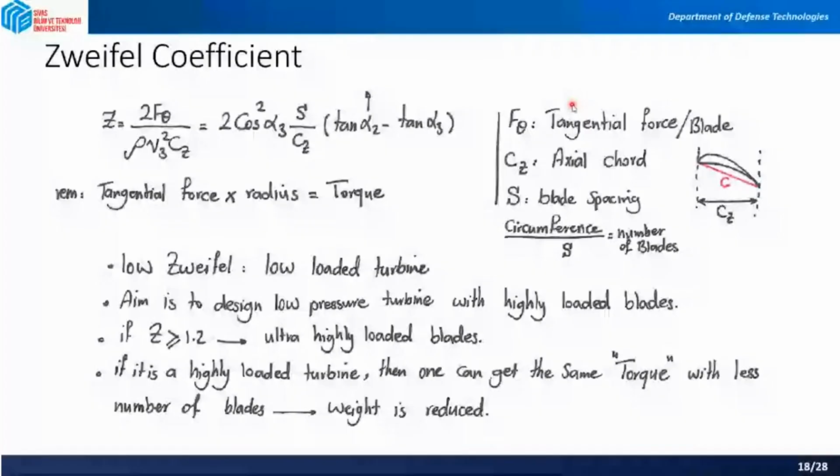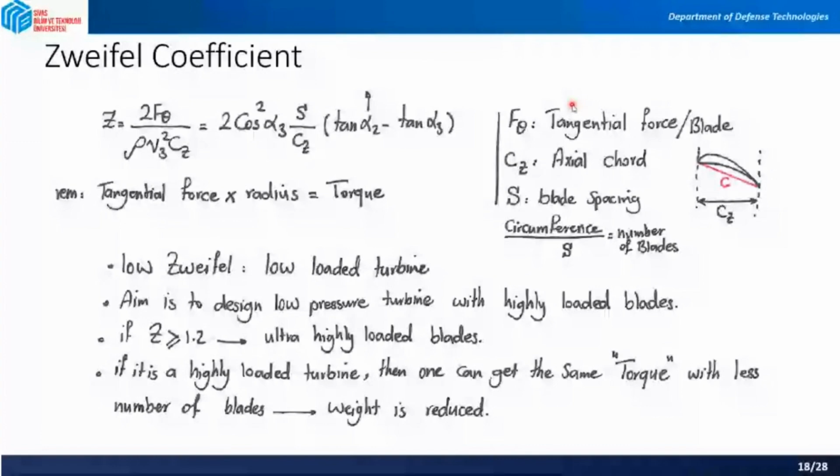Your alpha 1 is 0, your Mach is given 0.3, and there is this loss coefficient for the nozzle that is 4%. So this is station 1. This is your nozzle blades or stator blades, right?